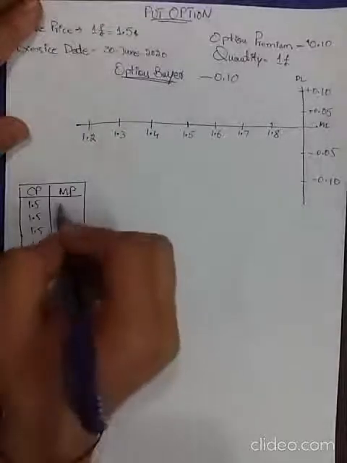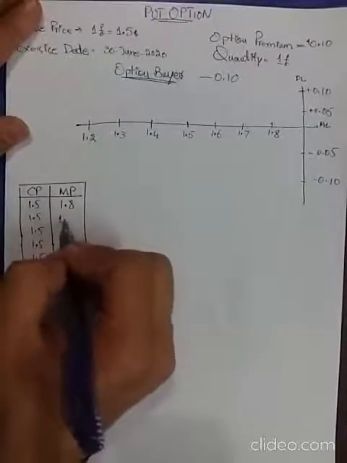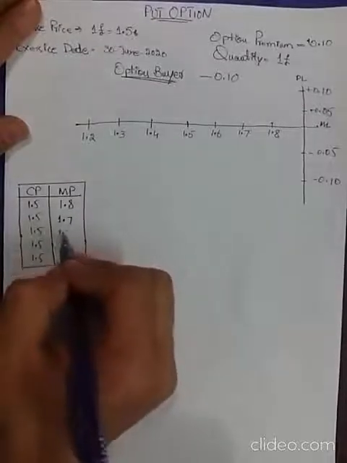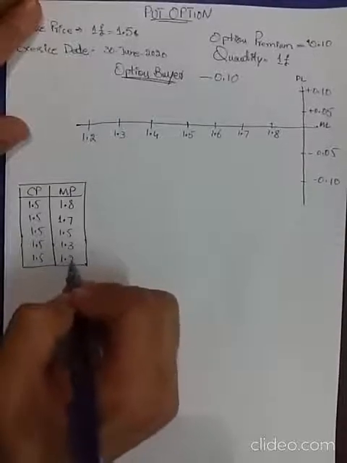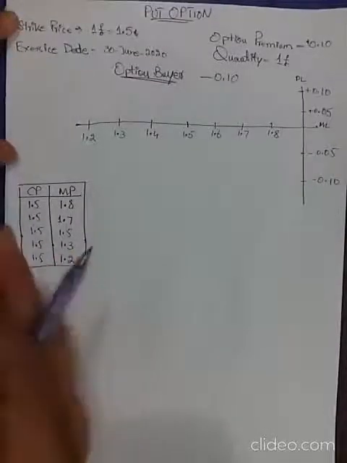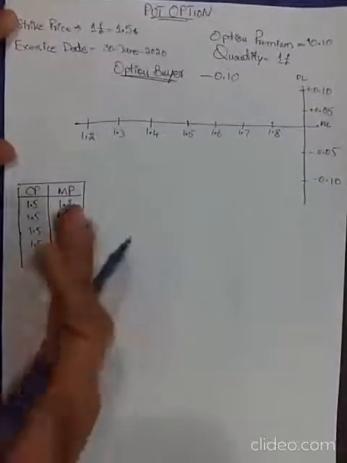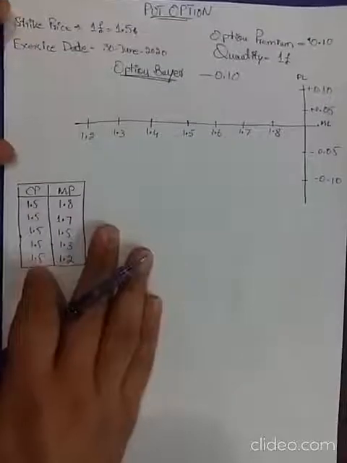It is possible that in the market the prices are 1.8, 1.7, 1.5, 1.3, or 1.2. So we compare the contract price with the market price in order to know which is a better place for us to buy or sell.